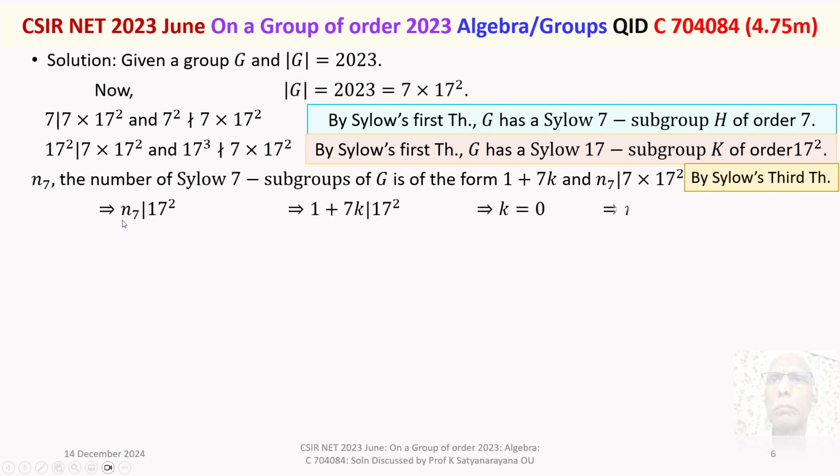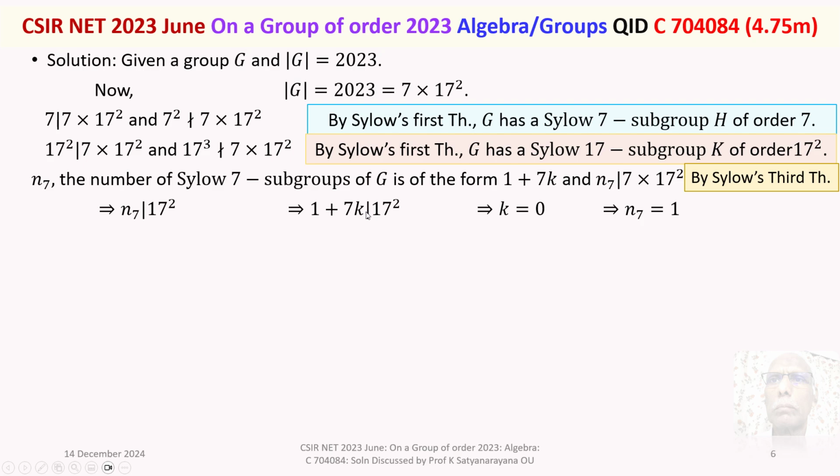This implies N7 is 1 plus 7k, which divides 7 into 17 square. 1 plus 7k does not divide 7 at all, so 1 plus 7k divides 17 square. For what values of k does 1 plus 7k divide 17 square? For k equal to 0, 1 divides 17 square. Yes. For k equal to 1, 1 plus 7 is 8, and 8 does not divide 17 square.